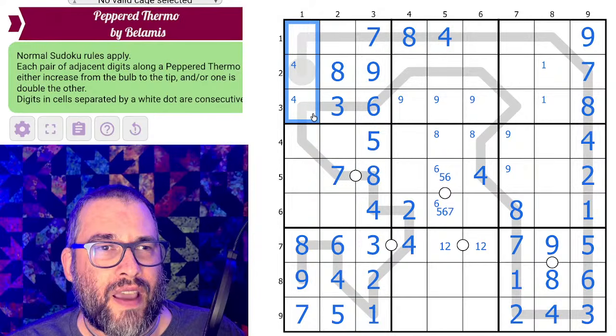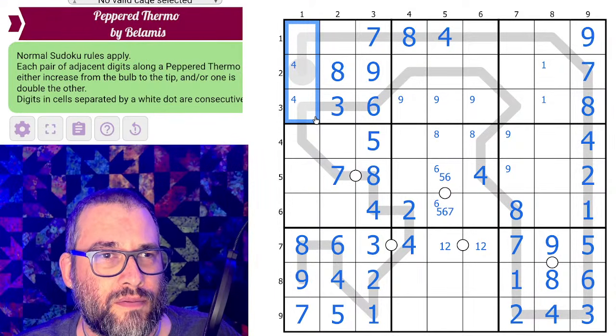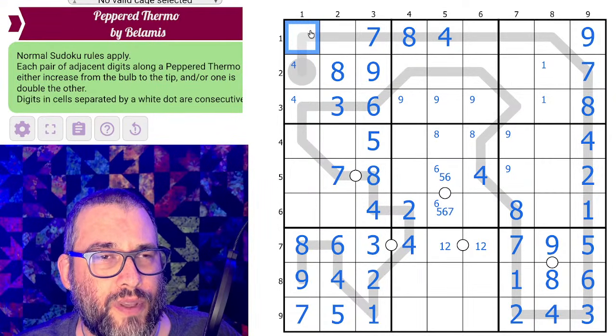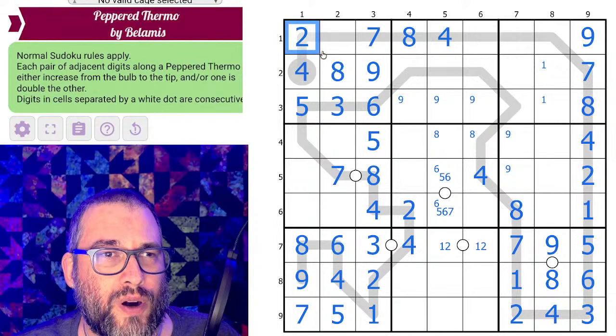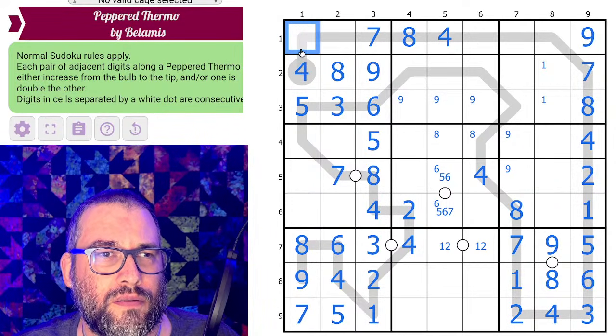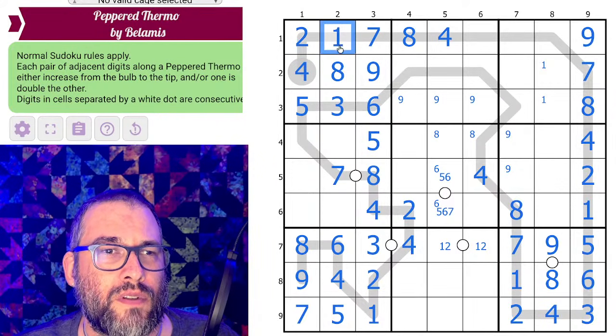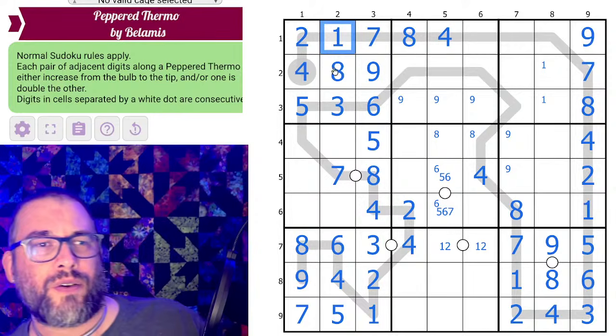So 5 definitely doesn't go here. Definitely doesn't go here. So this has to be the 5. Therefore, this is 4, and we do go 2, 1. Well, yeah. That's the only thing we can do.